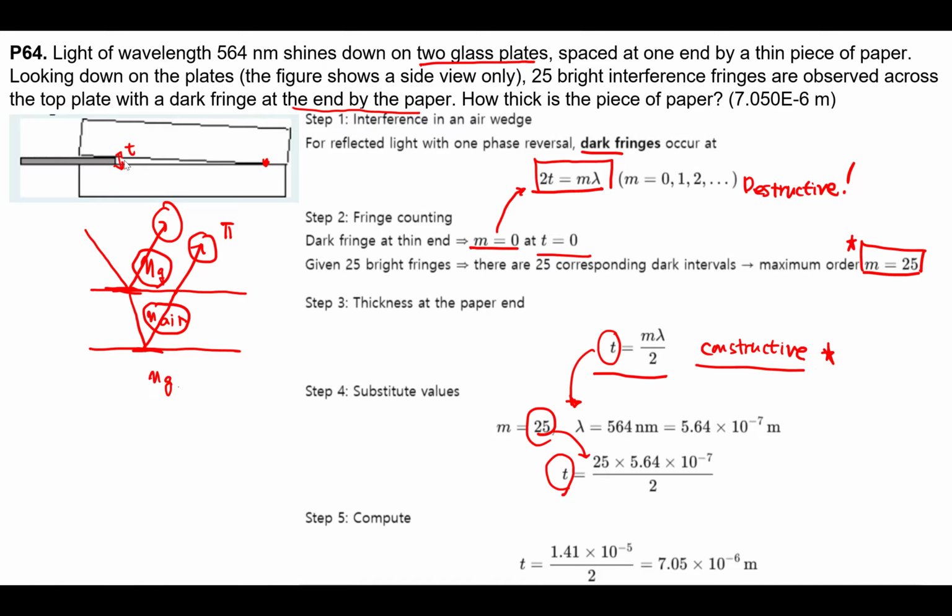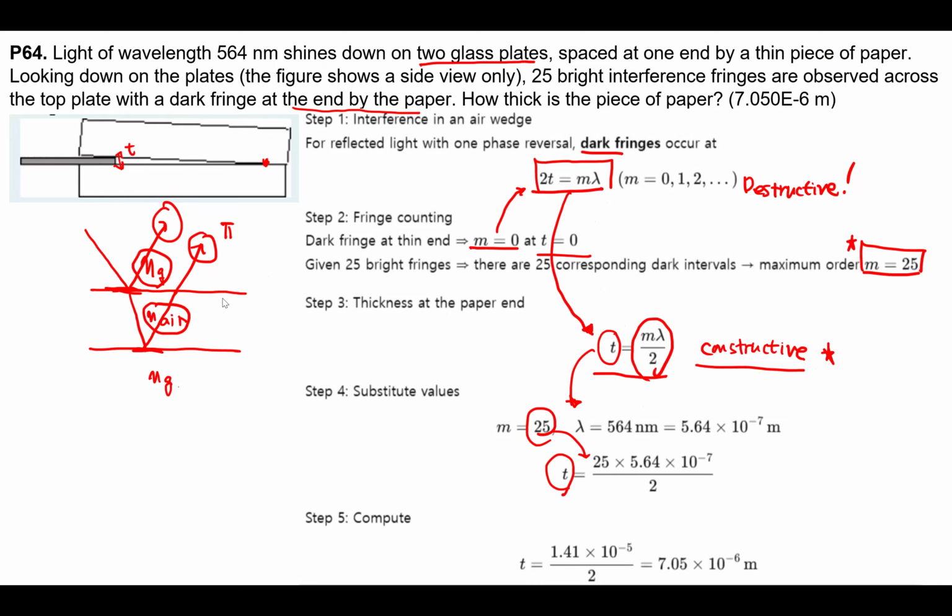Note that at the t, it says bright. Bright means it's constructive, and that bright condition corresponds to this, not this. So this is the same case as this one. But the dark fringes is 2t equal to m lambda.